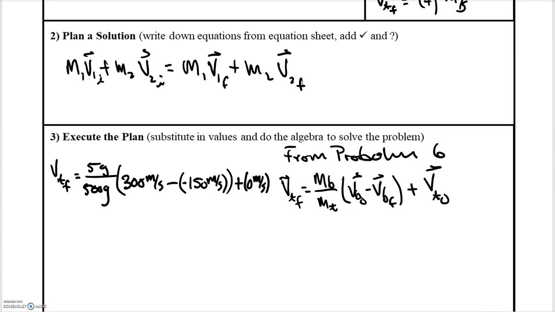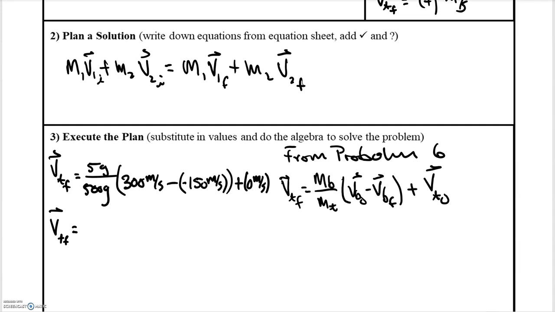So again, since we kept it general up above, we can just reapply this equation since it's the same physical situation and just resubstitute the numbers that are applicable. So this is a vector. You just need to substitute in and solve.